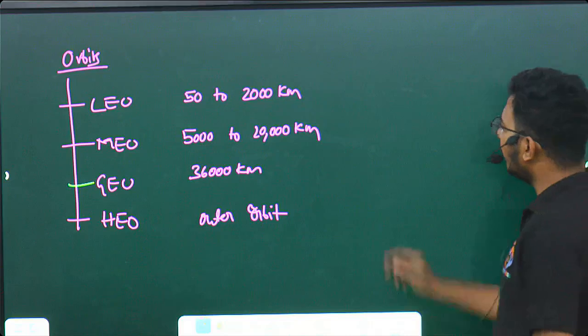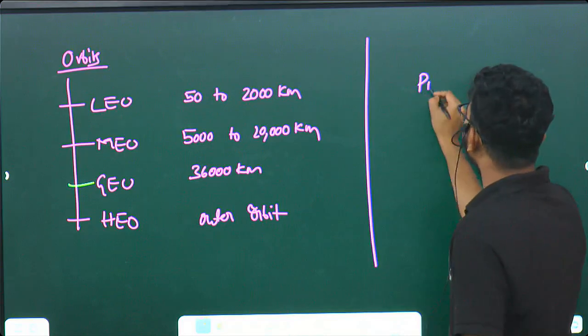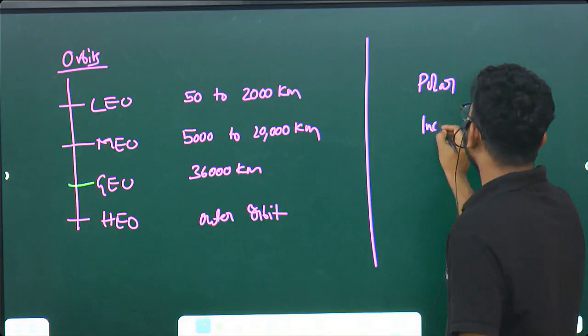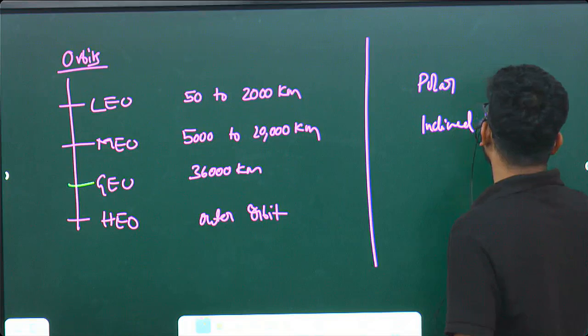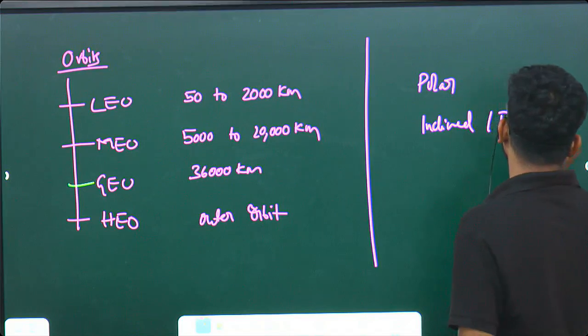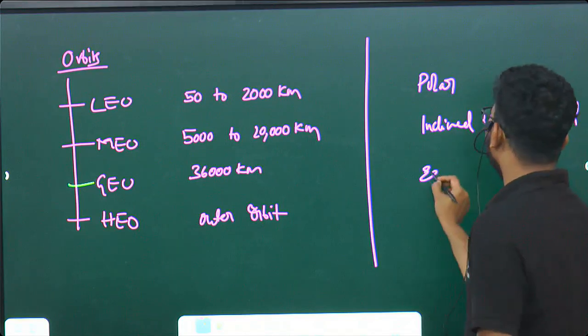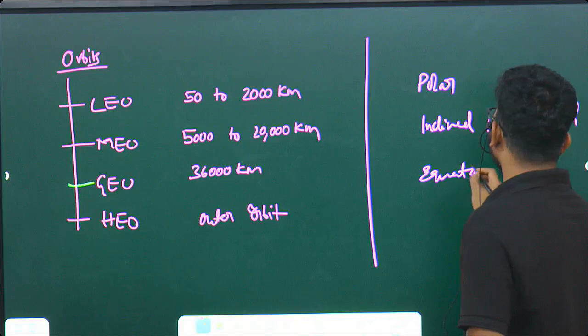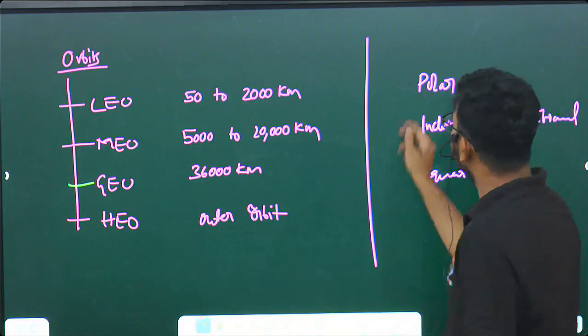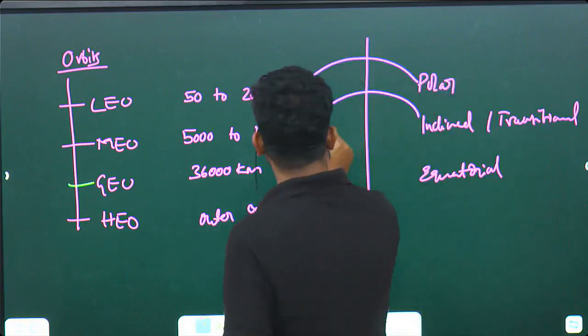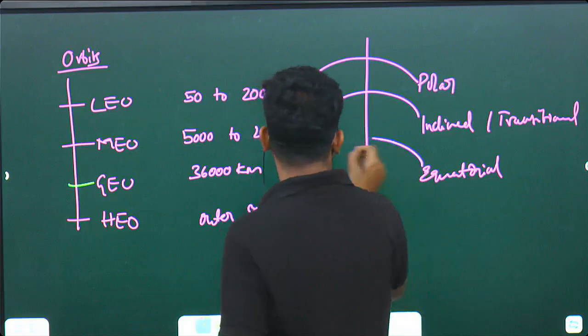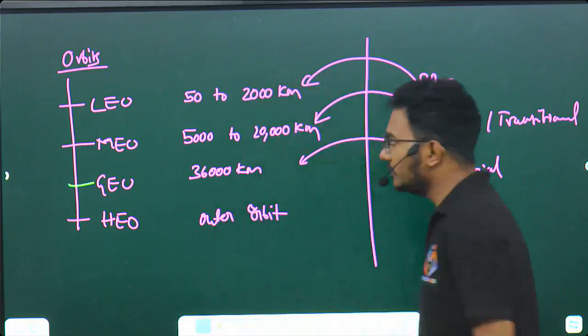And then on the other side we have seen polar, inclined or transitional, equatorial. So polar is associated with LEO, inclined is with MEO, and equatorial is with GEO.